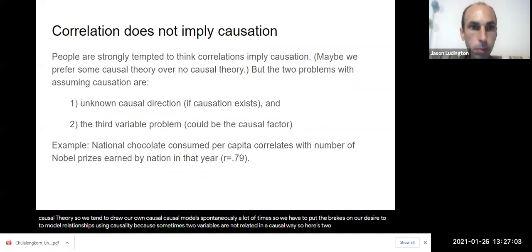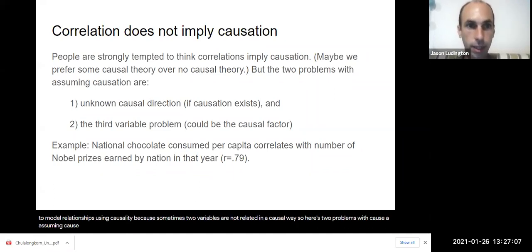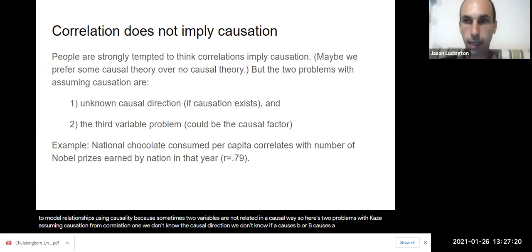So here's two problems with assuming causation from correlation. One, we don't know the causal direction. We don't know if A causes B or if B causes A, or either.